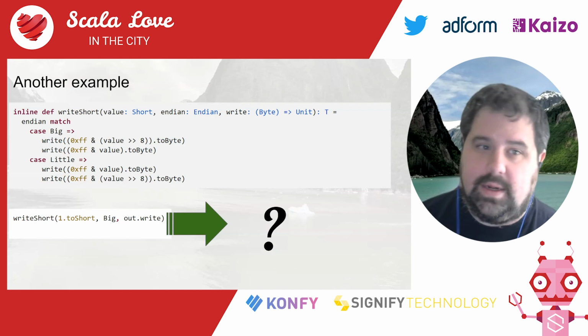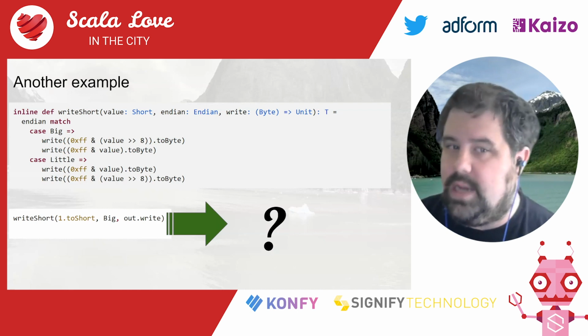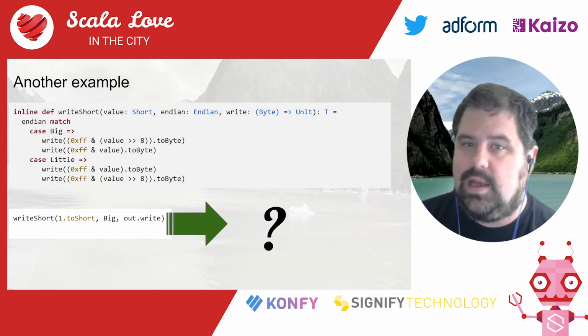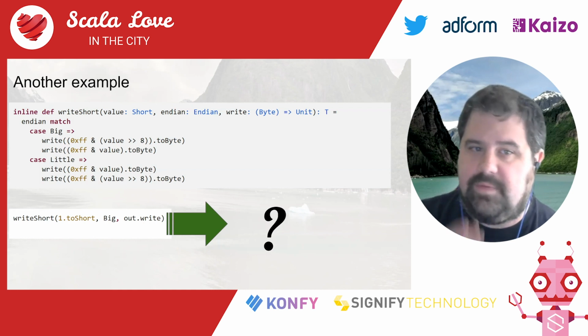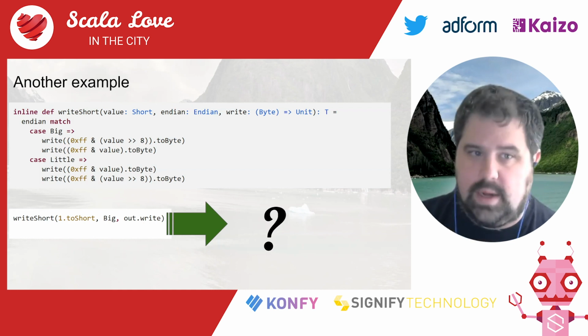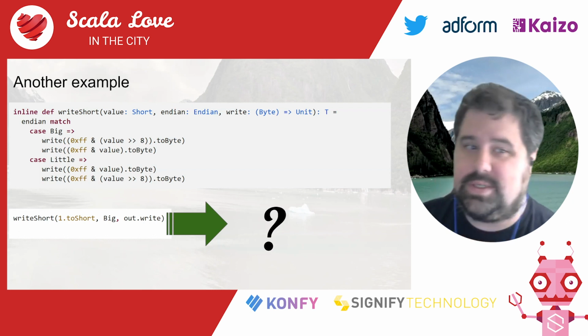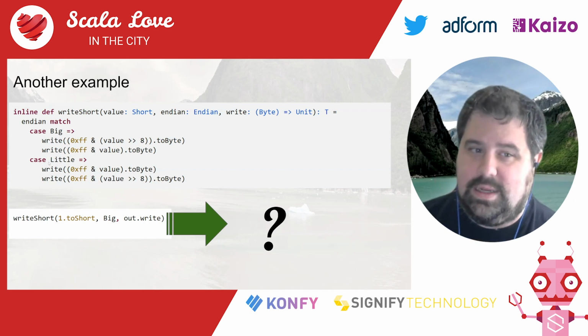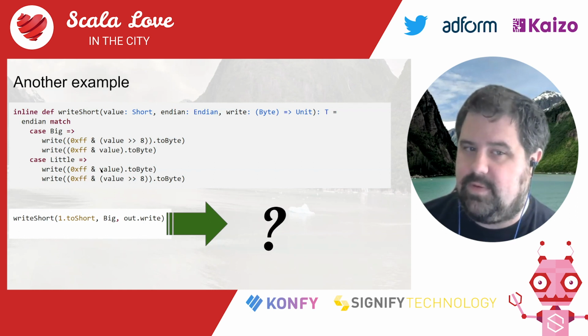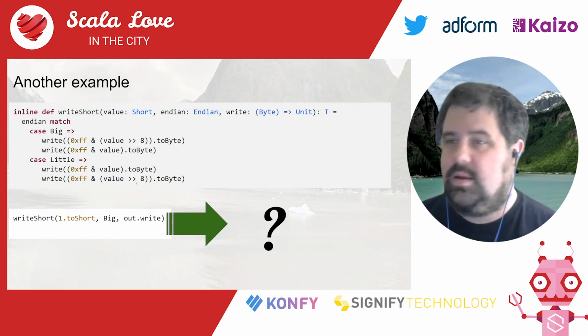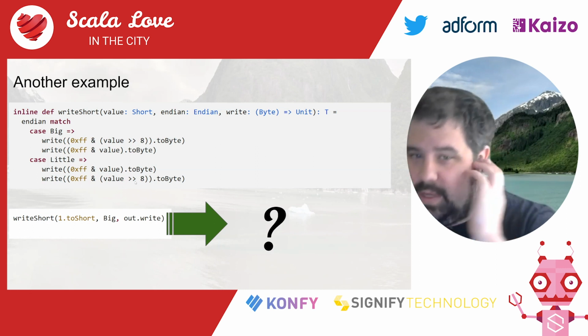So I'm going to provide an enum where you pass in endian. If they want big endian writing, then I will write the big part of the integer first. If they want little endian, I will write the little part of the integer first and the big part second. Wonderful. I'm so glad we have to do this.